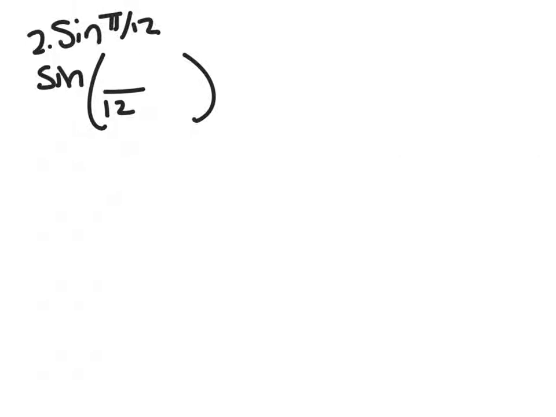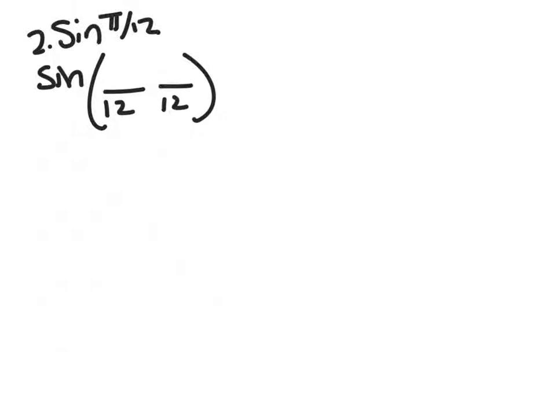Next, we're going to do sine, this is example 2, of pi over 12. So you have to come up with two things that add up to be pi over 12. One way to do it was you could convert this to degrees if it's easier to think in degrees. But instead, I'm just going to think of two numbers that add or subtract to be pi over 12.